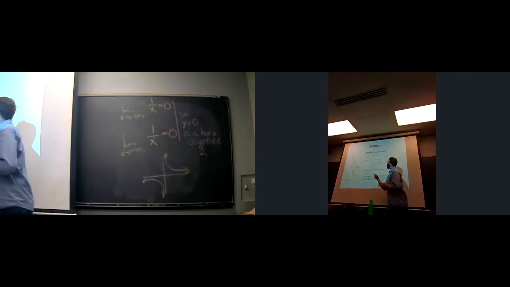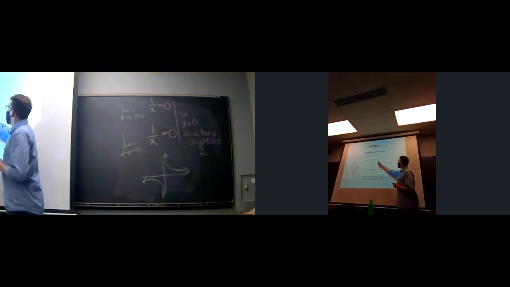So just checking out a quick example. We've got the limit as x approaches infinity of 5 minus 2/x². Well, the limit of a constant is a constant, right? And the limit of 2 times a function is just 2 times the limit of that function, right? So we can move down to here and we can say, hey, the limit of 1/x² as x approaches infinity, we know that to be 0.